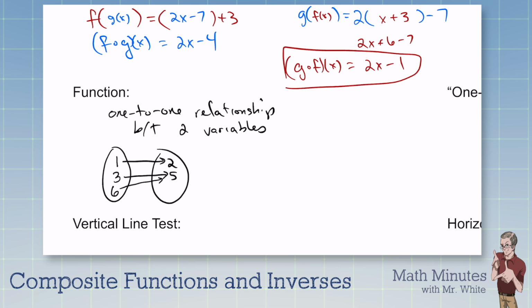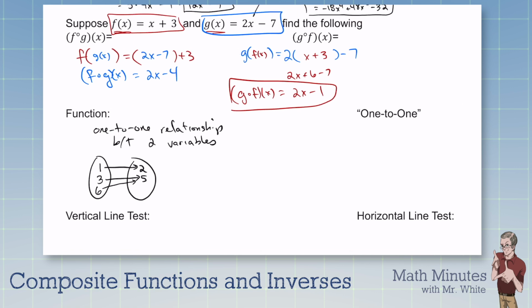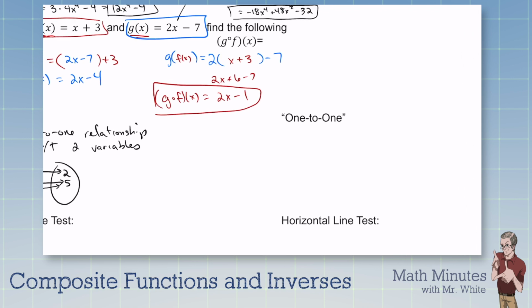You can imagine if I went back and plugged 1 in and then I got 3 out, that would seem like we have a broken machine. It's no longer a function. It's not one-to-one if that happens. So it has to be a one-to-one relationship. So what is one-to-one? Every x maps to exactly 1 and only 1 y value or output.